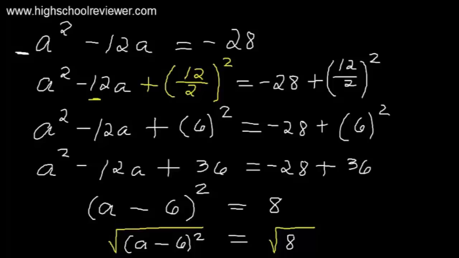Now, the square root of a minus 6 raised to the power of 2 will be equal to a minus 6. So we are now going to have here a minus 6. This will be equal to plus minus the square root of 8.